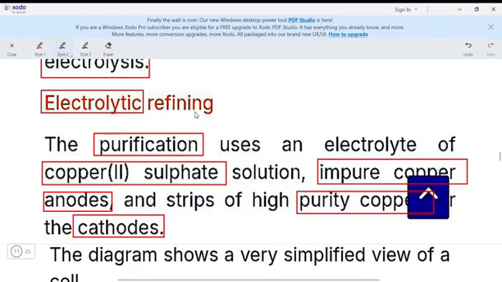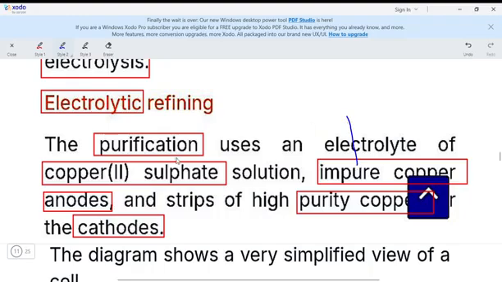Now let's look at electrolytic refining. How do we refine this copper? The purification uses an electrolyte of copper(II) sulfate solution. You bring the impure copper you have extracted from the previous explanation, because at the end you have your copper but it is still impure.